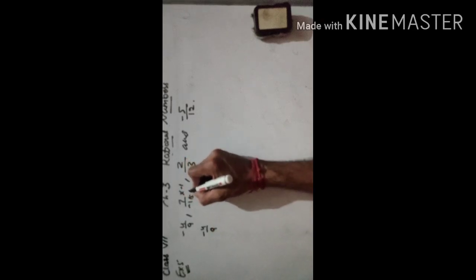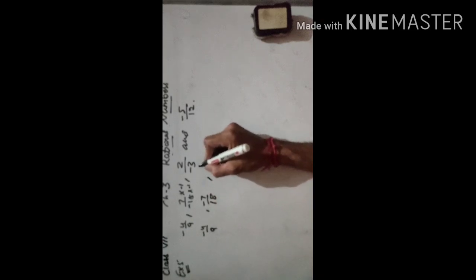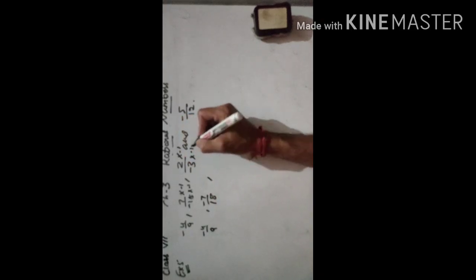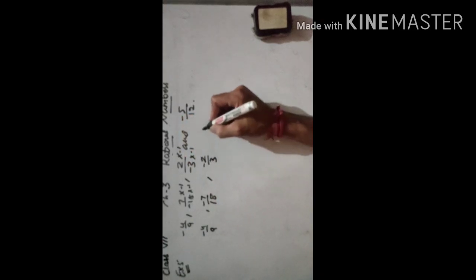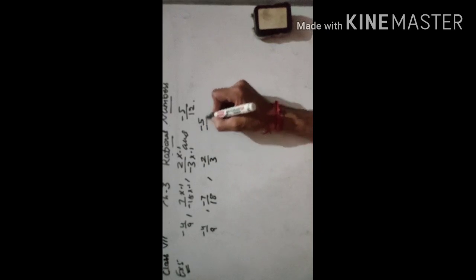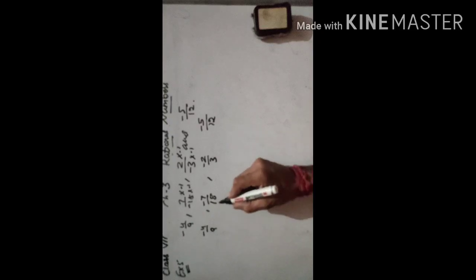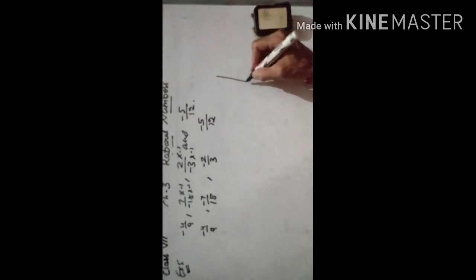Now 7 by -18, make it a positive denominator, that is -7 by 18, then -2 by 3 and -5 by 12. Now take the LCM of 9, 18, 3 and 12.